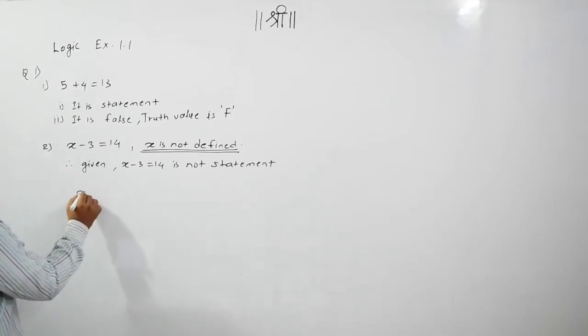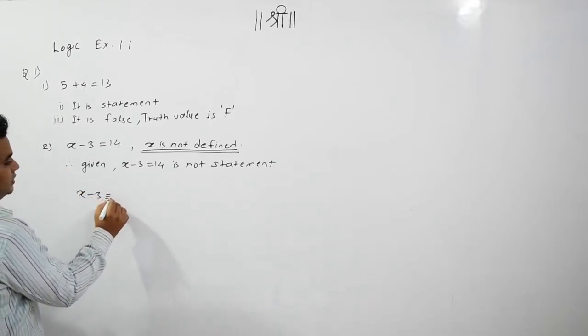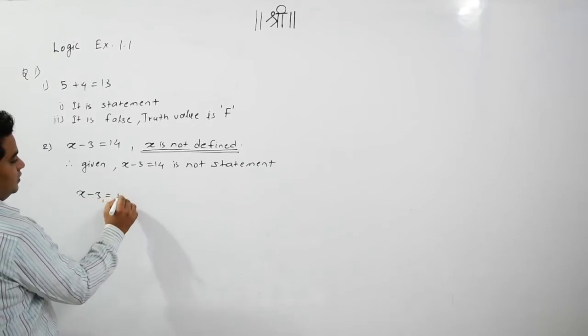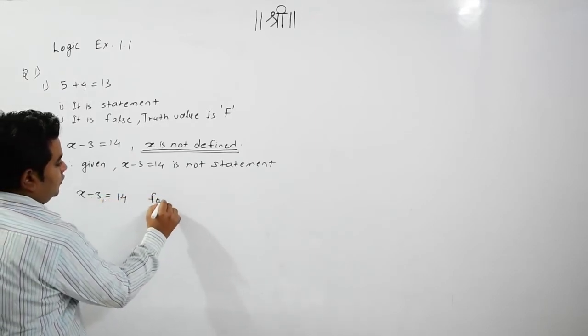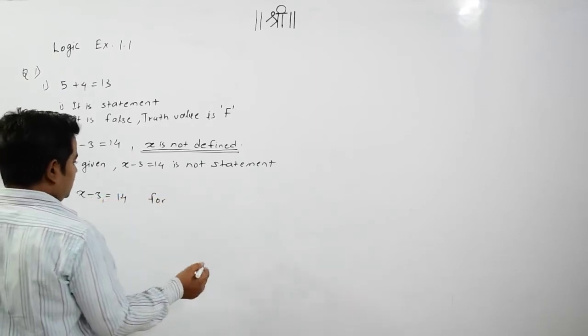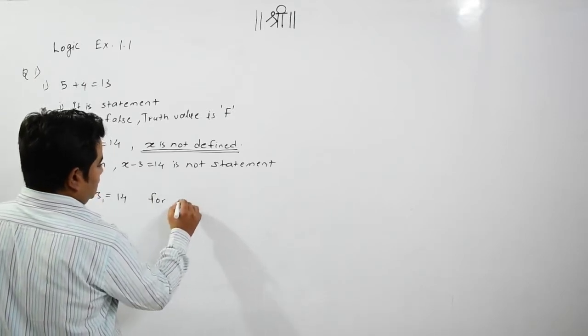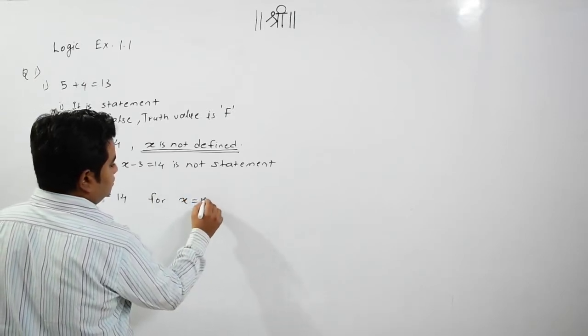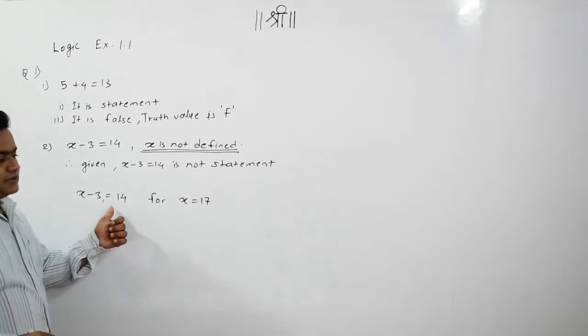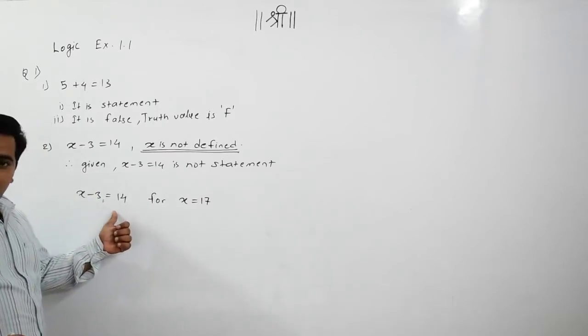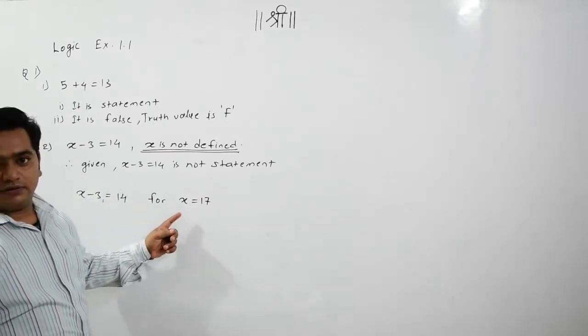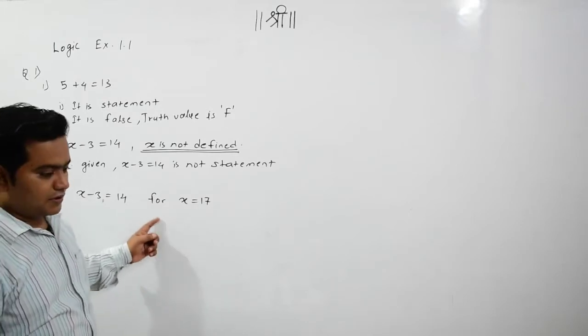If the given case is x minus 3 is equal to 14, for x equals 17, then it is a statement. Yes, because x is defined. Understood how exactly we are working?